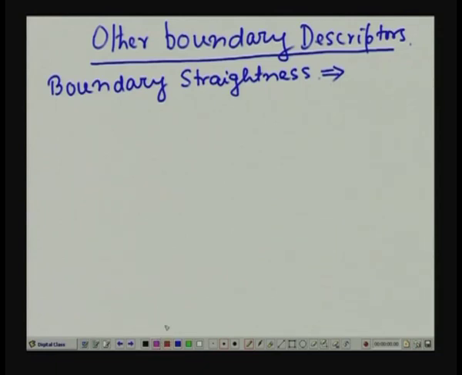This boundary straightness is defined based on the concept of boundary curvature. As we know, in the continuous case, the curvature at a point is given by the rate of change of slope.